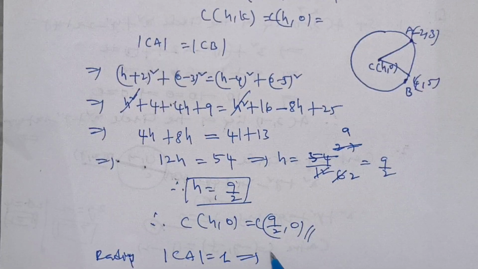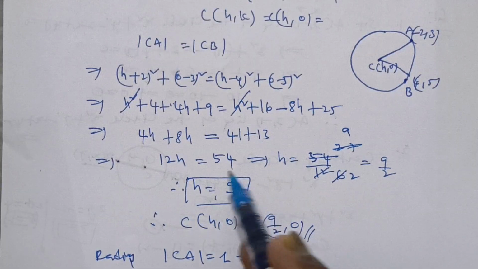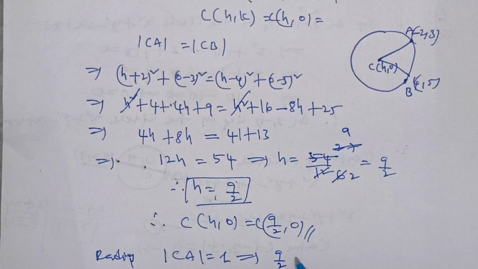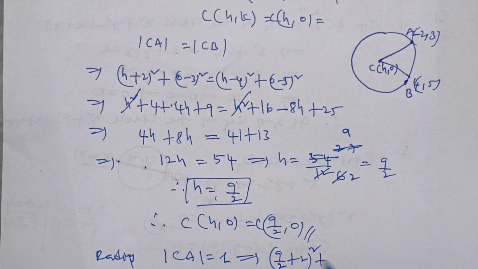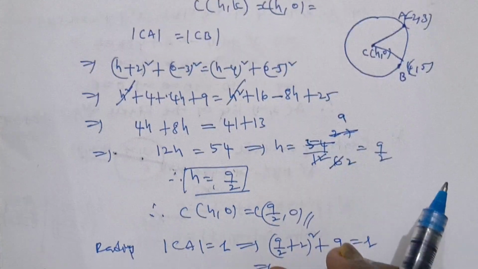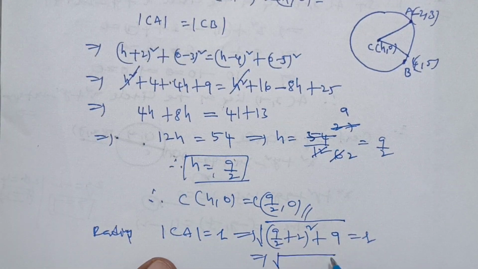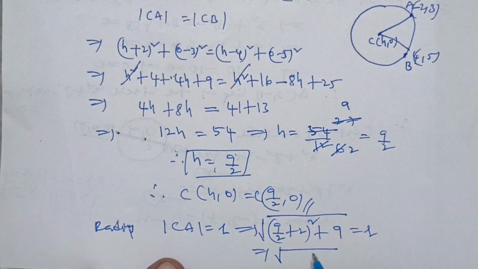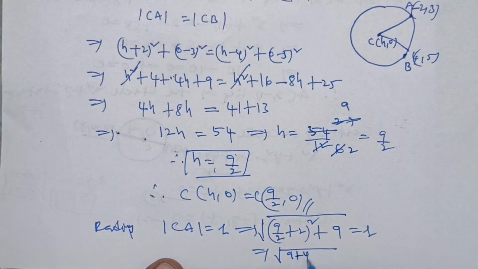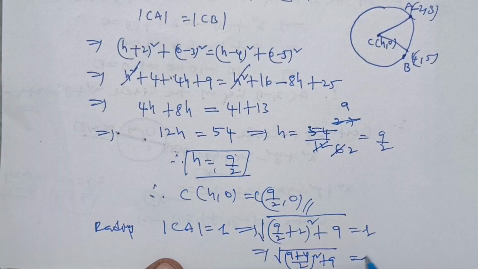So |CA| means the distance between C and A. Here substitute the h value as 9 by 2: the square root of (9/2 + 2)² plus (−3)², that is 9, equals r.